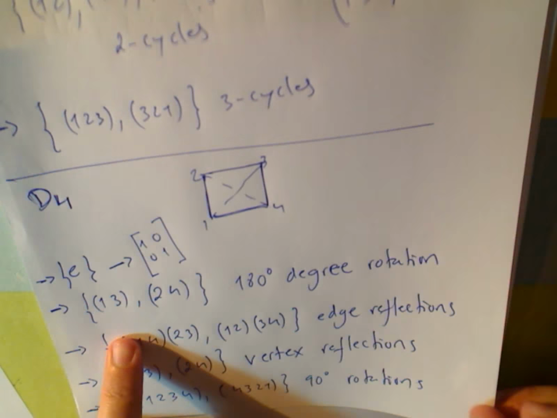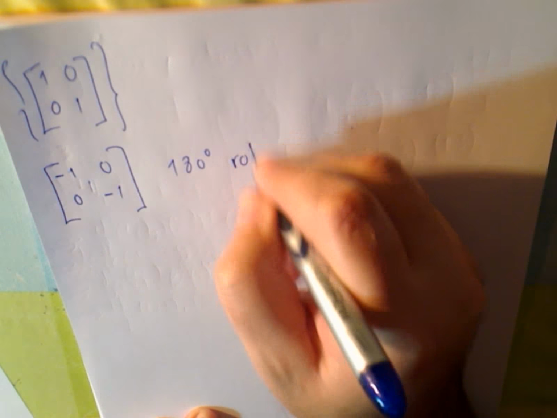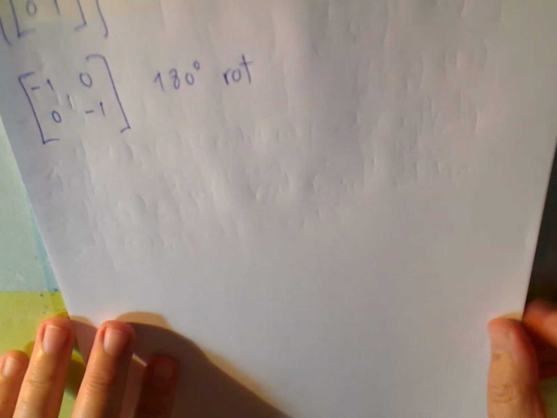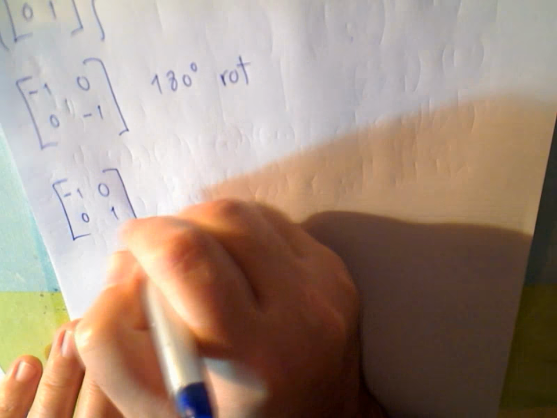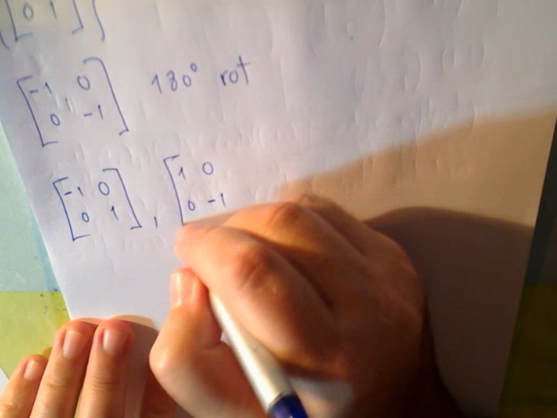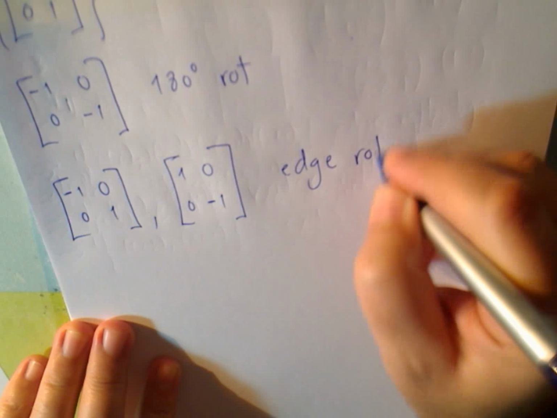The other one is the 180-degree rotation, which would be -1, 0, 0, -1. Now the edge reflections would be -1, 0, 0, 1 and 1, 0, 0, -1. That's the edge reflections.